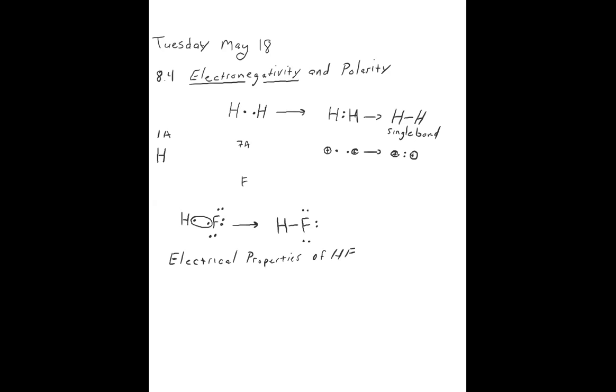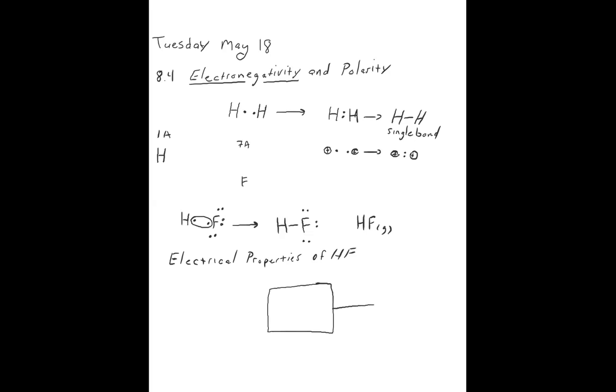And how would you do that? Well, here's one way. HF at room temperature is a gas. HF is a gas. So that means that it behaves like a gas. And what you can do is you can do certain experiments where you put the gas into a container and you apply a voltage to it, to the container itself, to the walls of the container.